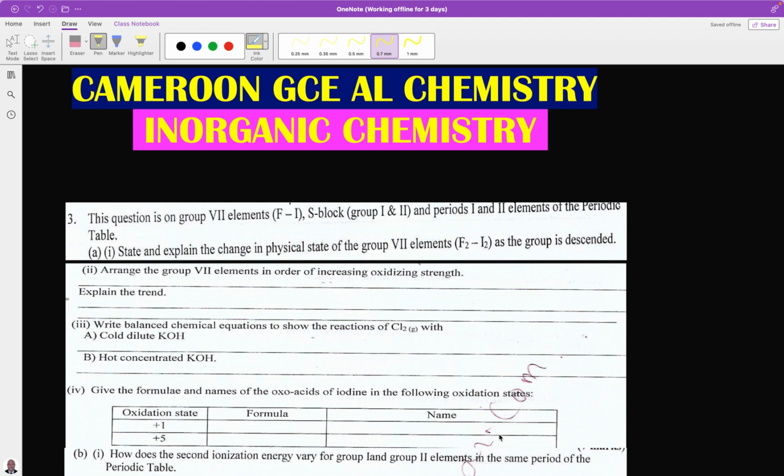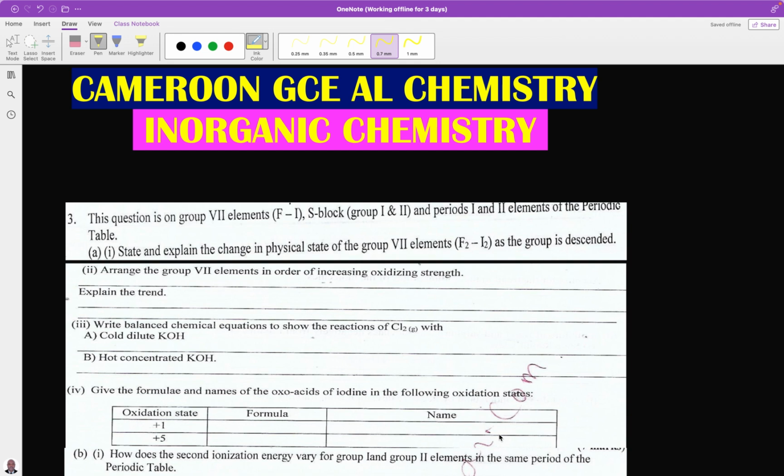So let's get started. We will be starting with question 3. This is June 2020, question number 3. It reads: this question is on group 7 elements. Now the modern periodic table calls it group 17, from fluorine to iodine.